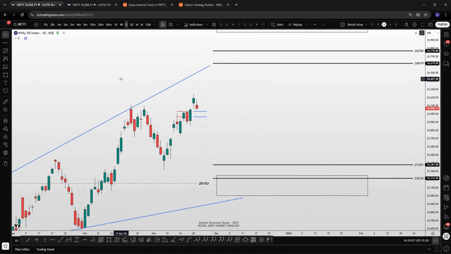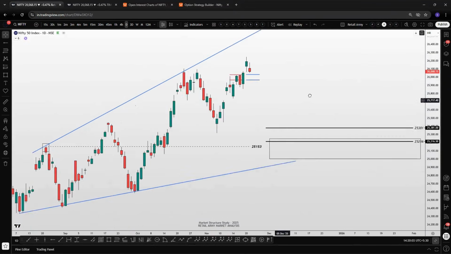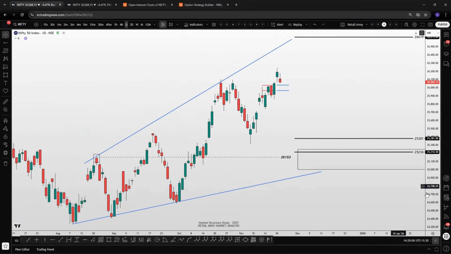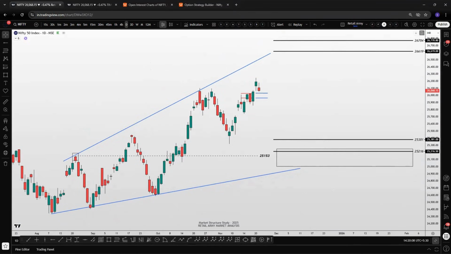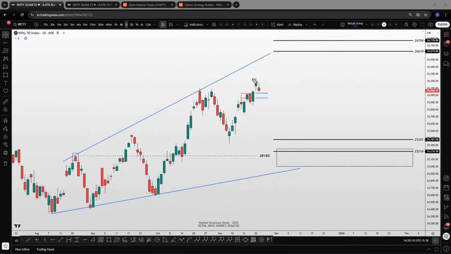Watch. What did we discuss so far in the long term video, also in the long term view of Nifty, where we discussed the structure till December? We know that based on this pattern of expanding diagonal, whether Nifty makes a fake high, or it goes even further like this, in the future the 25,153 level has to come back.